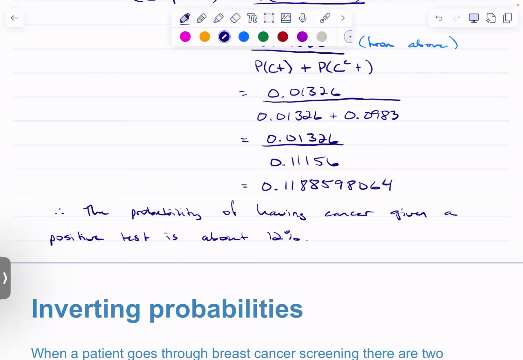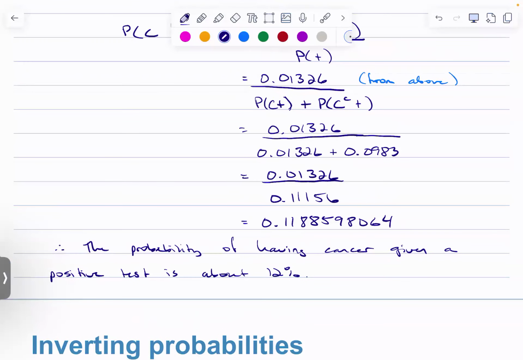Just kind of translating, zipping it up to a nice clean percentage, mostly because that's what they use later. So I like to keep all my decimal places, but 12% is easier for us to wrap our heads around, I think.